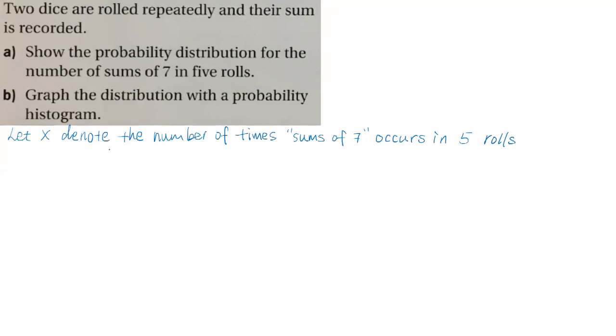Because each roll is independent and the probability of a sum of 7 is constant, right? So here X follows a binomial distribution.